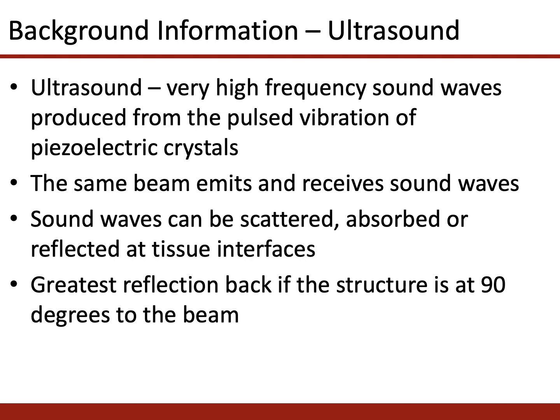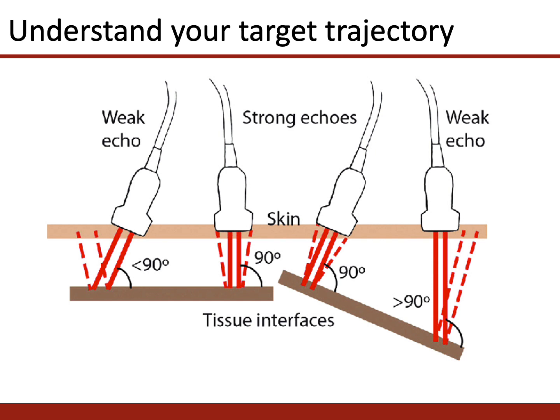Sound waves, as they come across different tissue interfaces, can either be scattered, absorbed, or reflected. And the greatest reflection and therefore reception of sound waves back at the ultrasound is if the structure is located at 90 degrees to the beam direction. We can see that understanding of the reflection and reception of these ultrasound beams is important when we understand our target trajectory.